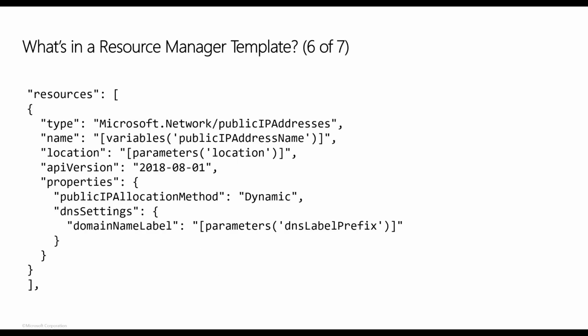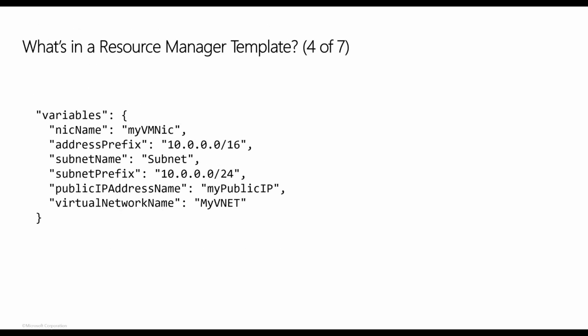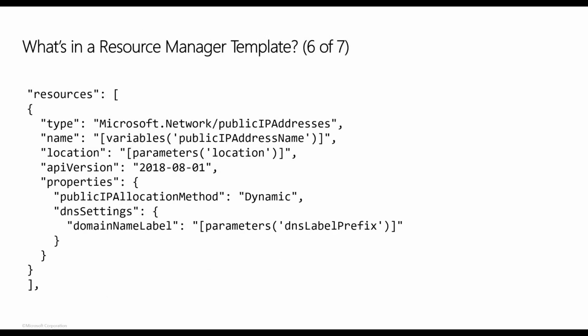The next part is resources. This is a section where you define the Azure resources that make up your deployment. In this example that you see right now, the type is Microsoft.Network/publicIPAddresses. So we are creating a public IP address. And corresponding details: if you look at the name, it's taken from a variable, and we declared this variable value when we discussed variables, and we are referencing that variable here.